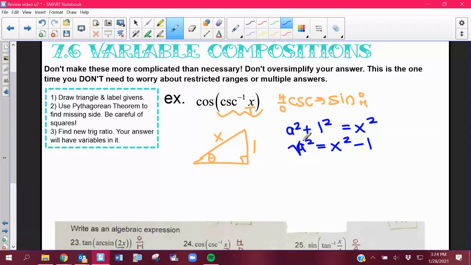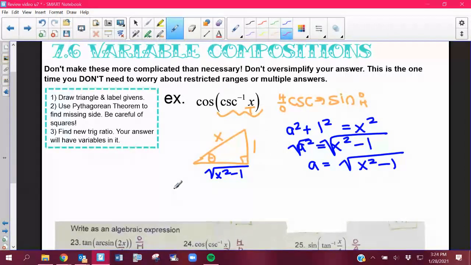I'm going to take the square root of both sides. Again, don't try to make this more complicated than it needs to be. This expression does not simplify at all. I know there's a square and a 1, but it doesn't factor into a perfect square itself. Leave it alone. Leave it with a square root. Okay? Don't oversimplify.